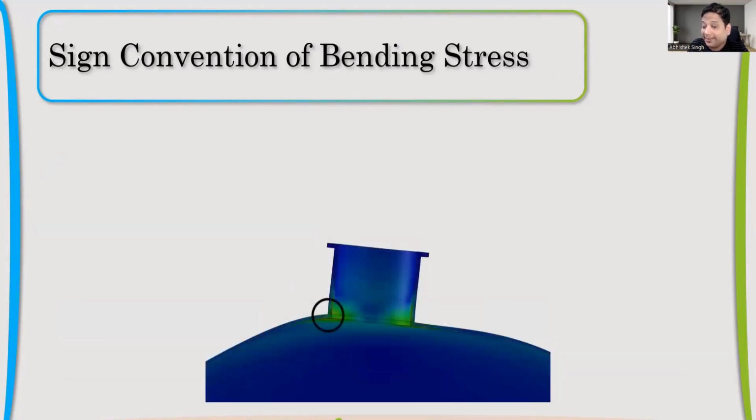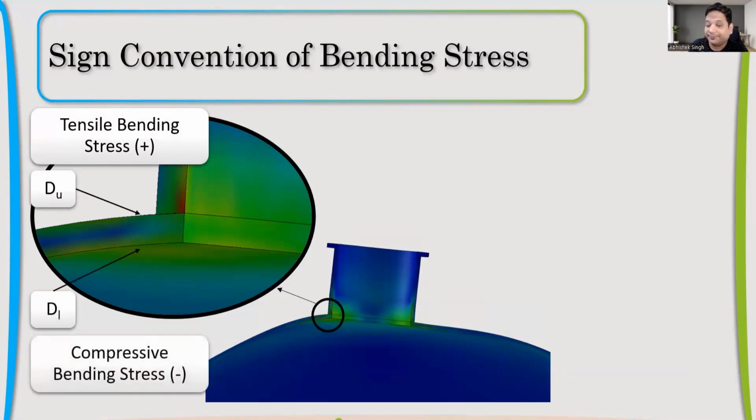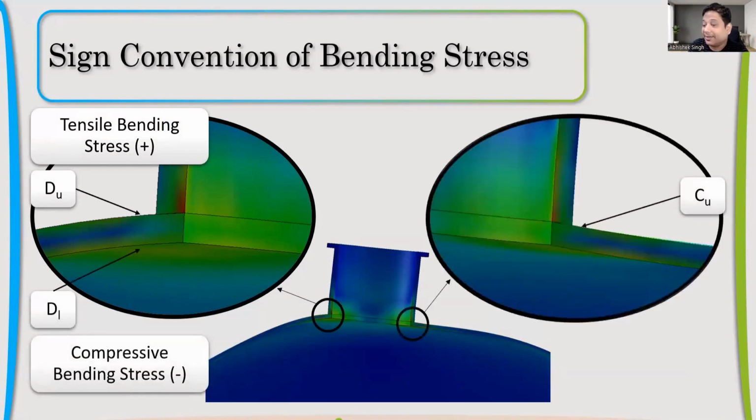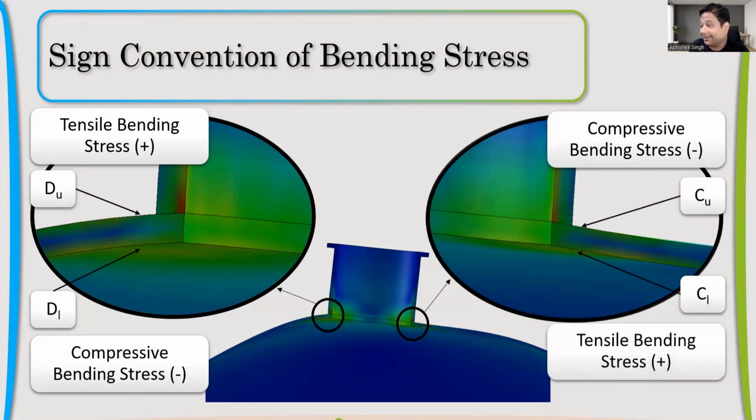If we talk about bending, upper it will be tensile, lower it will be compressive, so negative. Similarly, on the other side, upper is compressive because now it's trying to bend. So Cu will be compressive bending and Cl will be tensile bending. So this is the bending.